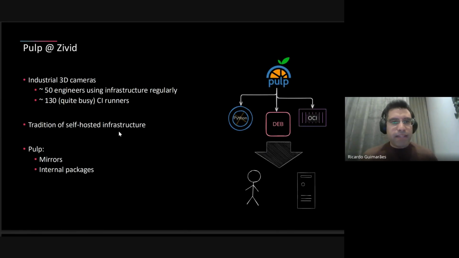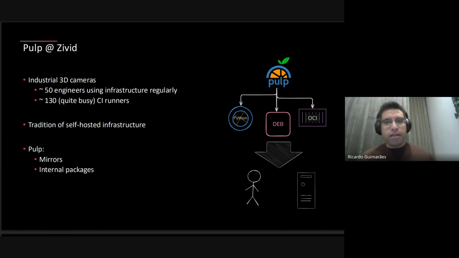So, Pulp at Zivid. I imagine that many of you have heard of 3D printers, but there are also 3D cameras, which are used in a range of applications in industry and warehousing. Zivid produces these 3D cameras and also the software that's used to work with them. We have about 50 engineers using the infrastructure regularly, and a few CI runners.